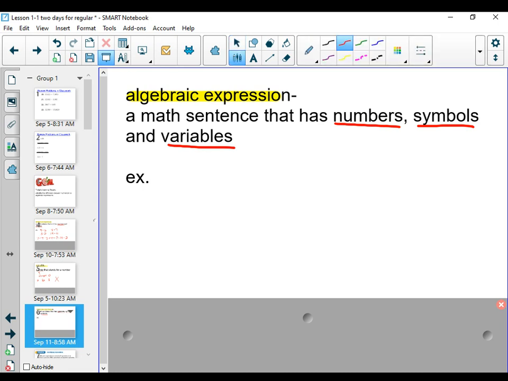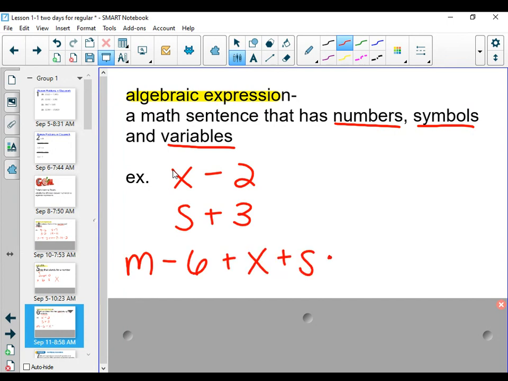If you use the famous variable x, it might look like x minus 2. If you are Sally, she might write s plus 3. And of course, it can be a really, really long expression with a mixture of symbols and variables and numbers.